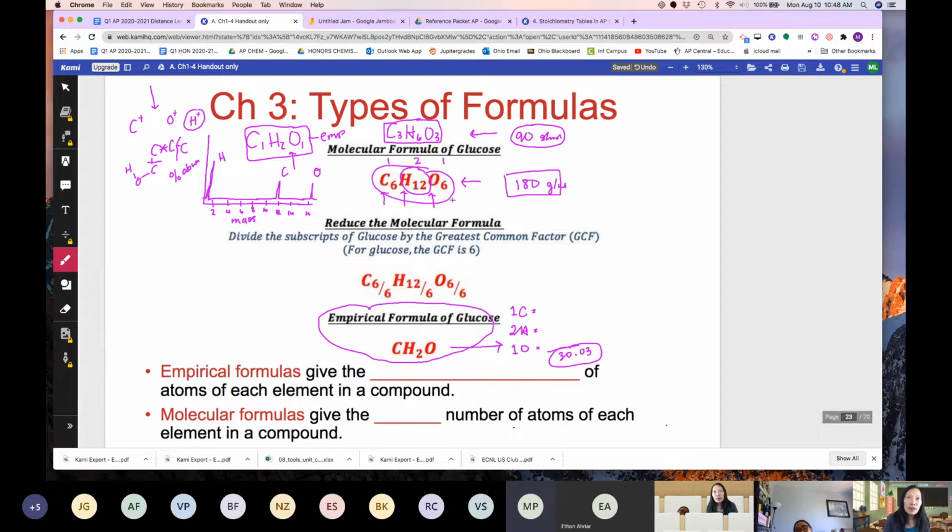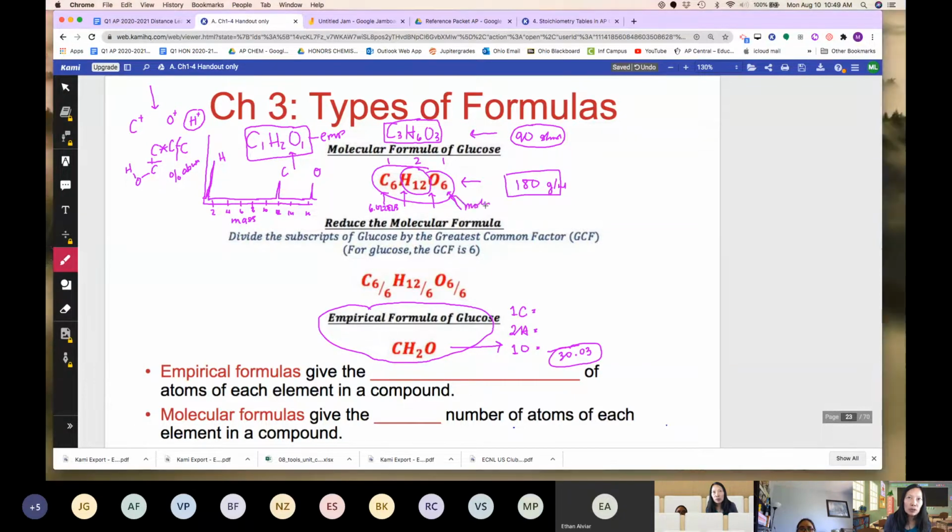Notice the subscripts are the number of atoms: 6 atoms, 12 atoms, 6 atoms. If we can't count atoms because they're too small, we count 6.022E23 atoms at a time, which is equivalent to 1 mole. So 6 times this is 6 moles. So those subscripts also correspond to moles.